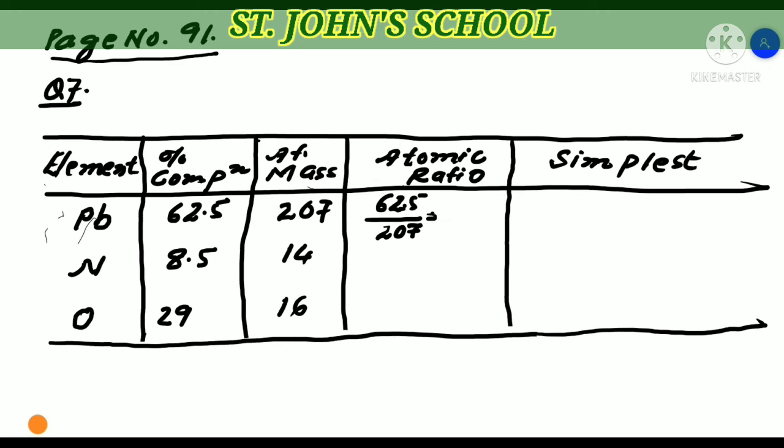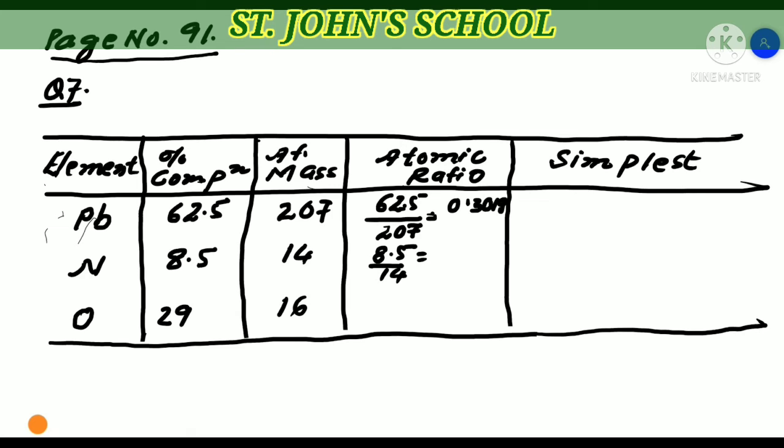When you divide 62.5 by 207, it comes to 0.3019, and the number continues. I have taken up to 4 decimal places here. Then next comes 8.5 divided by 14. This is how we can calculate the atomic ratio.